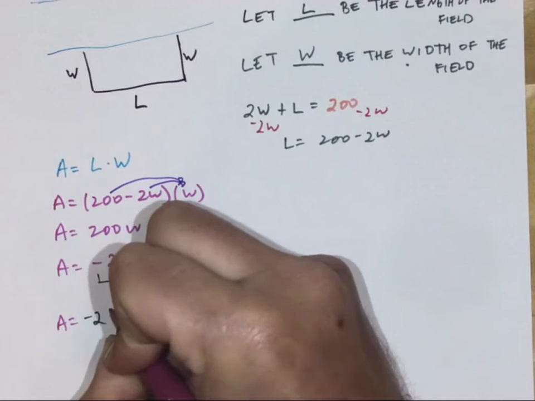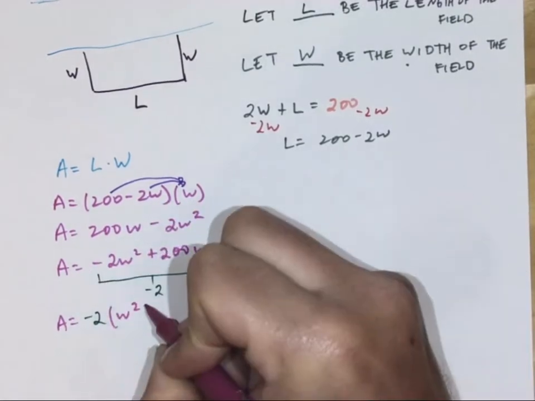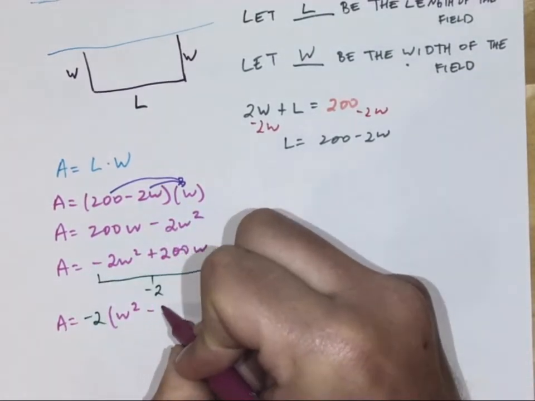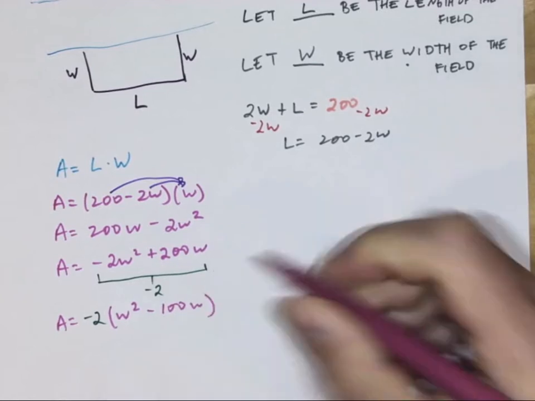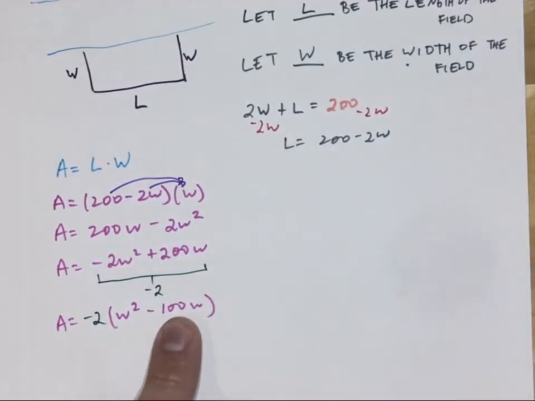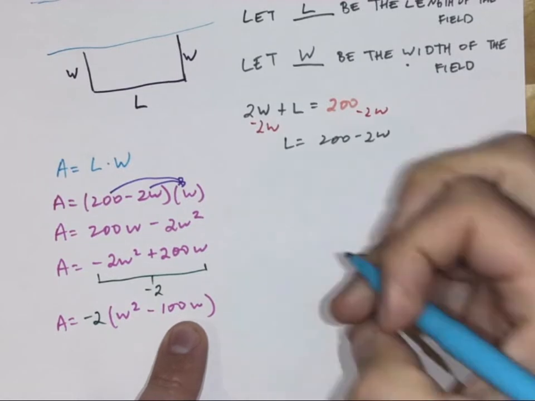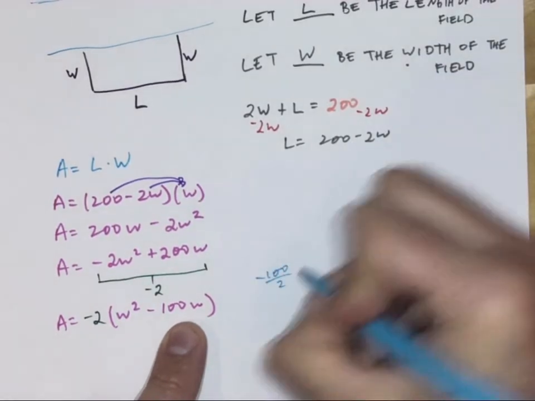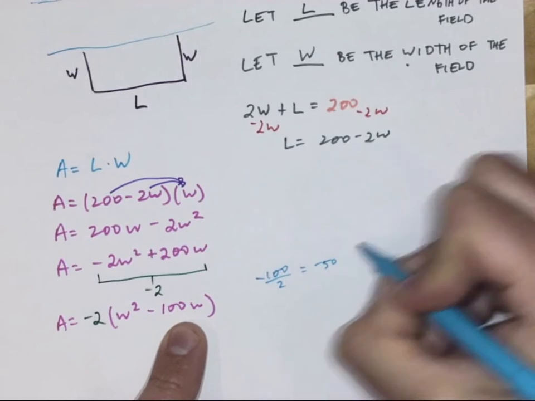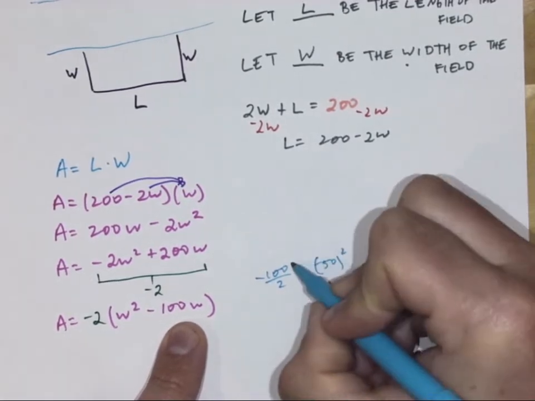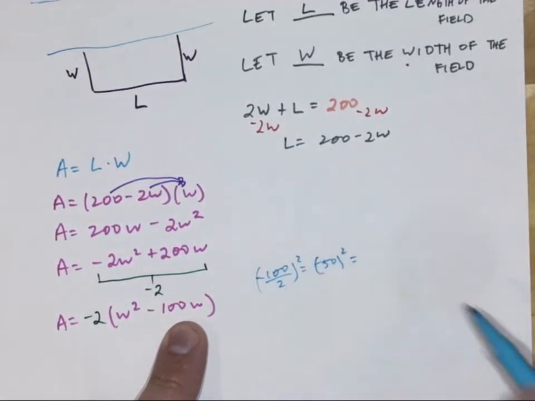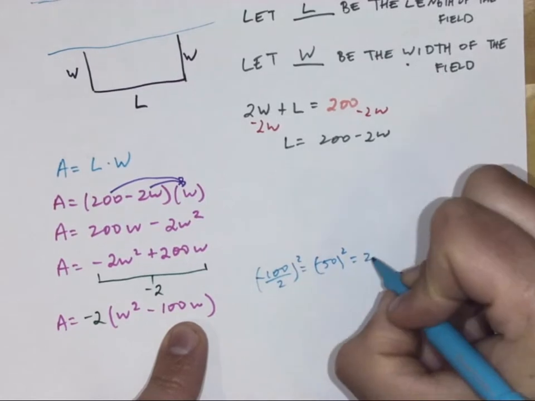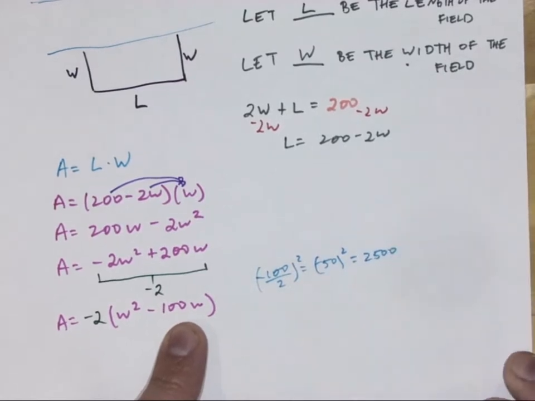Completing the square. Oh, yeah. Remember what we do here. We're going to take that, negative 100. We're going to divide it by 2, and then we're going to square that. 50 squared, 2,500.